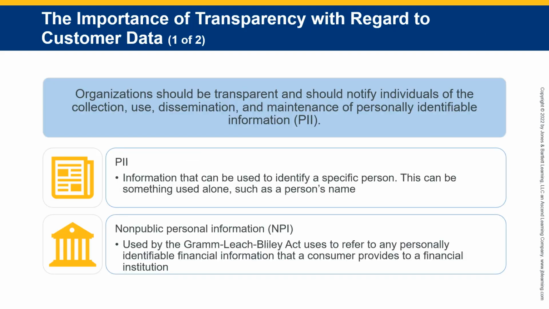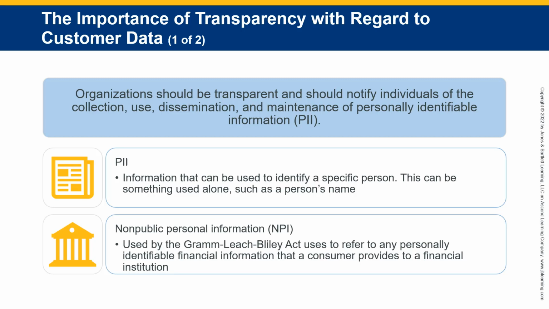The importance of transparency with regard to customer data. Organizations should be transparent and should notify individuals of the collection, use, dissemination, and maintenance of personally identifiable information, otherwise known as PII. PII is information that can be used to identify a specific person.